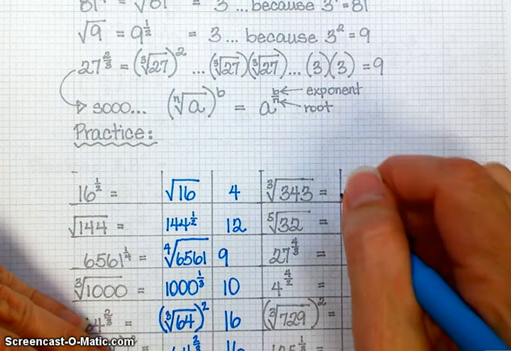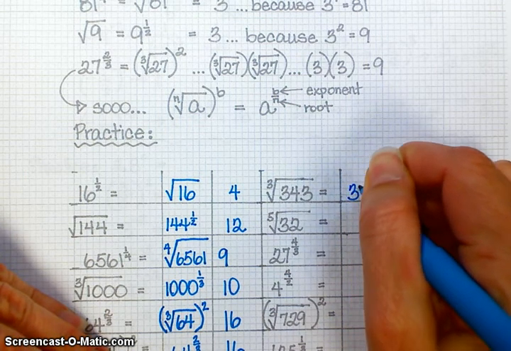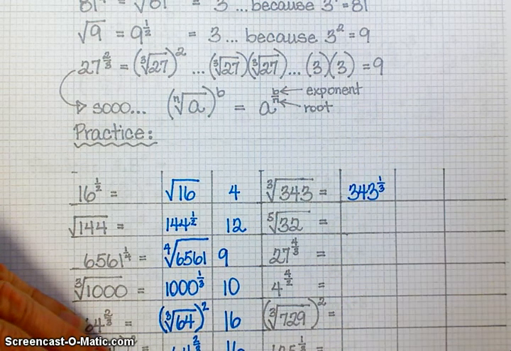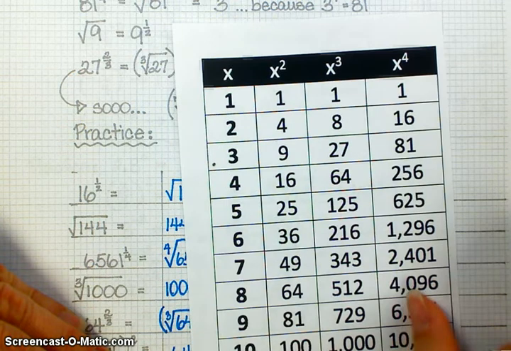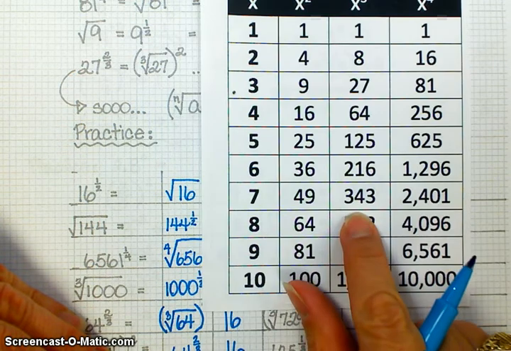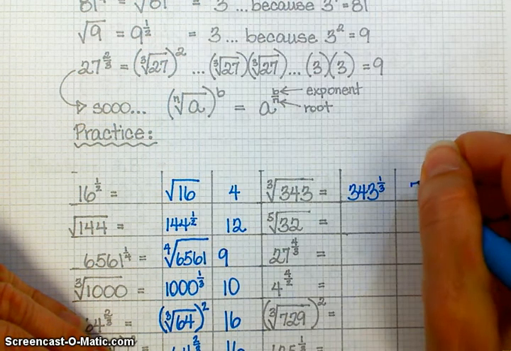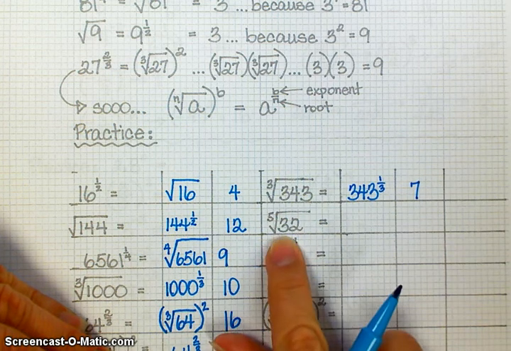Okay. 343. The cube root of 343 is the same as saying 343 to the 1/3 power. Cube root of 343. 7 times 7 times 7 gives you 343. All right, the 5th root of 32.